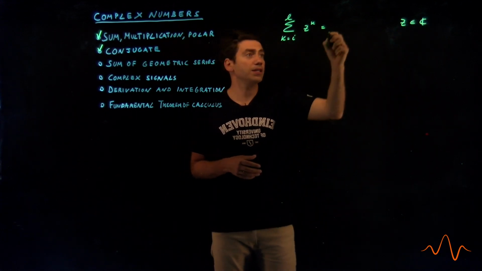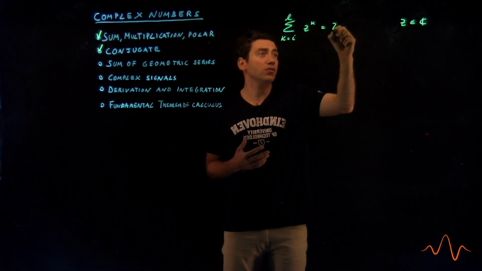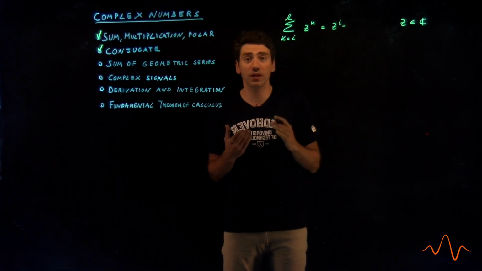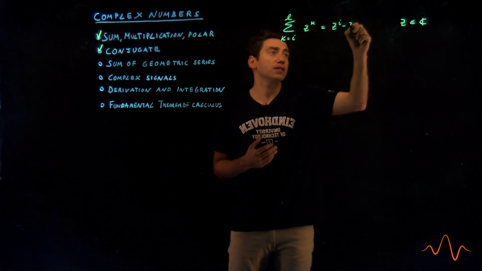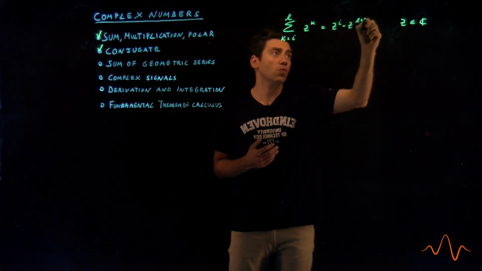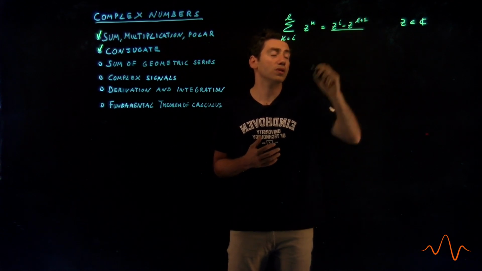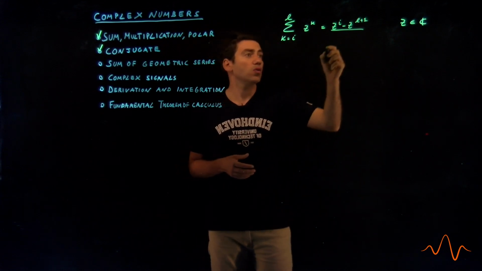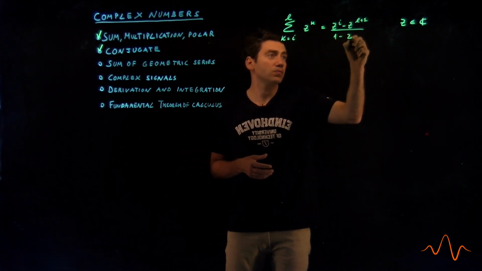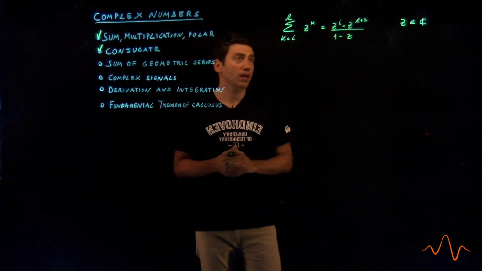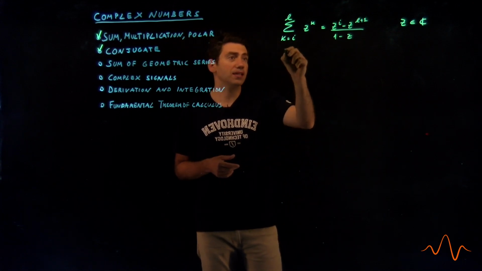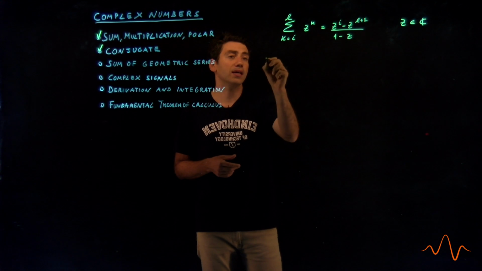And it's given by the first one, z to the power of l, minus the one that we haven't added, z to the power of L plus 1, over 1 minus z. And the way to see this is exactly the same as in the real case.